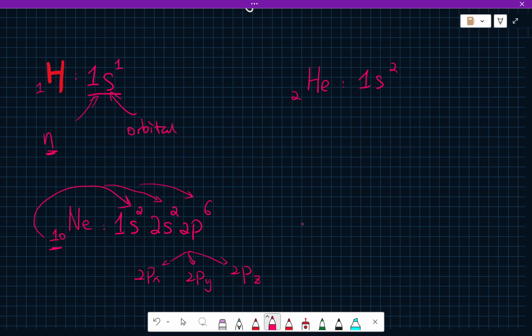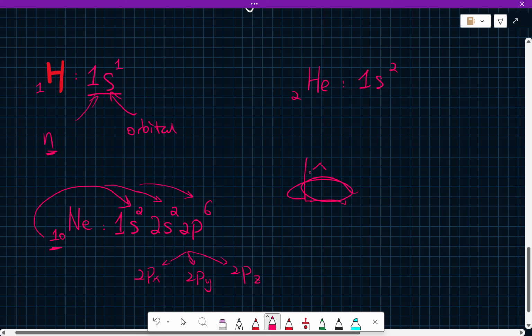Now let's try the orbital diagram. An orbital diagram uses arrows to denote electrons. Since they have opposite magnetic spin, we will use an up arrow to denote the first electron being put into a certain orbital, and a down arrow for the other one.